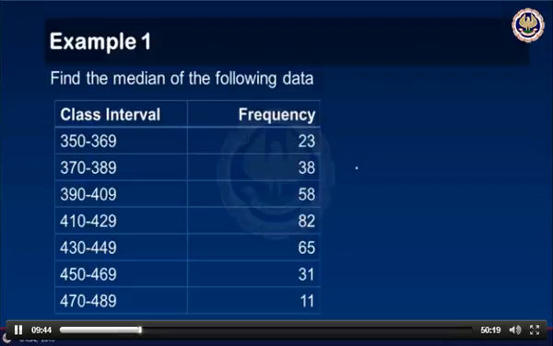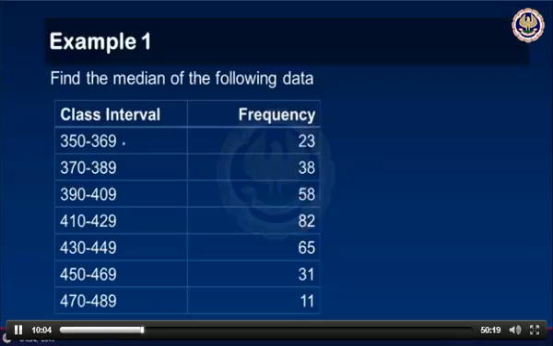Now, in this slide, we are going to compute the median for the grouped frequency data. Here, the class intervals and frequencies are given.